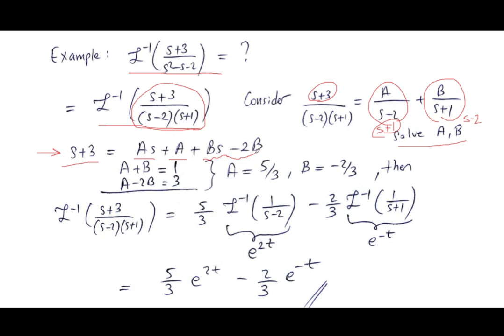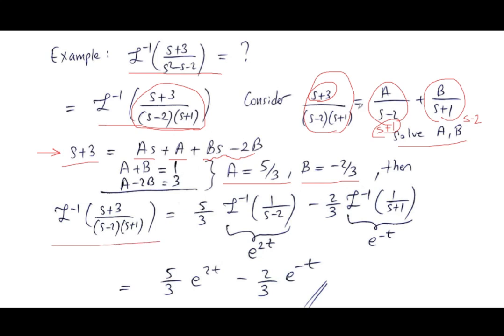Just solve these, and you will find that a equals 5 over 3 and b equals minus 2 over 3. So once I found a and b, I'm almost done decomposing this expression into something more simple.